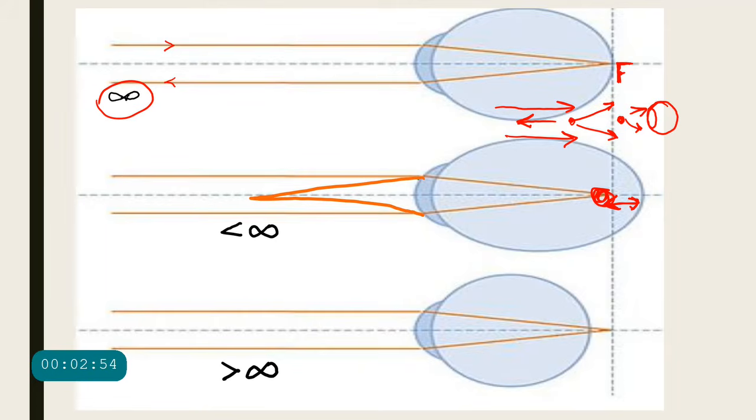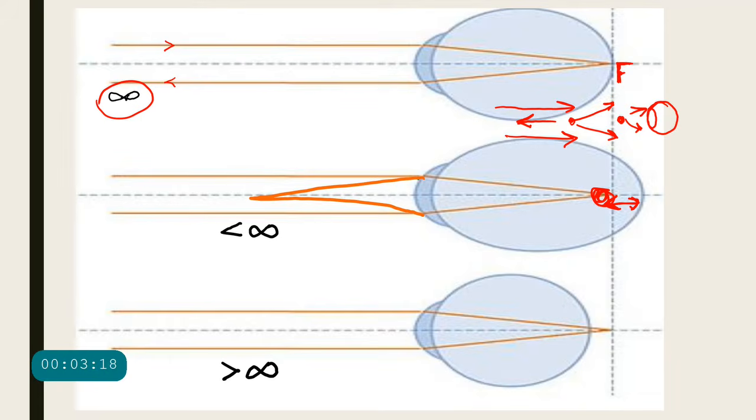Now the far point in a myopic eye is present at less than infinity. That means a patient who is suffering from myopia has short-sightedness. He cannot focus the images placed at infinity, but he will be able to see clearly up to a certain distance, and that distance is called the far point for that myopic patient.